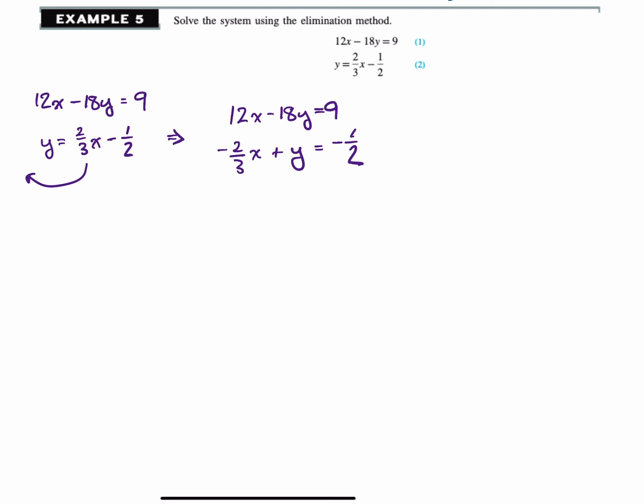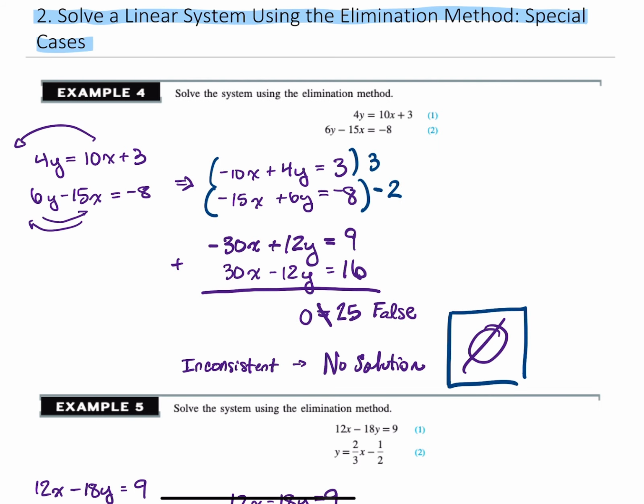If you see that one equation has a variable on its own with just 1 as its coefficient, that's usually a good one to multiply by because we can turn that into anything pretty easily. Like I see I have negative 18y here. So if I just multiply the second equation by positive 18, we will be able to eliminate the y's.